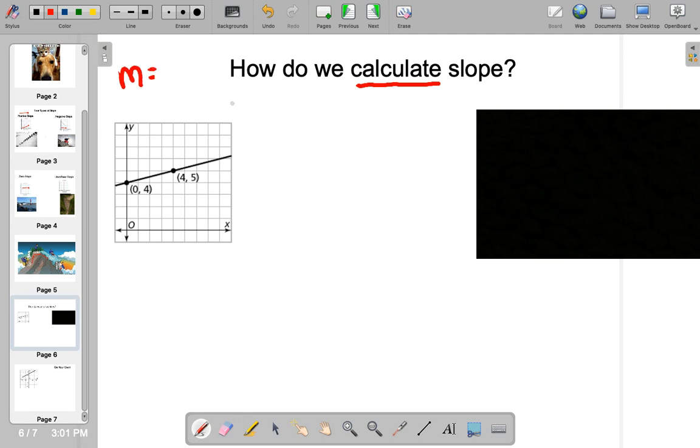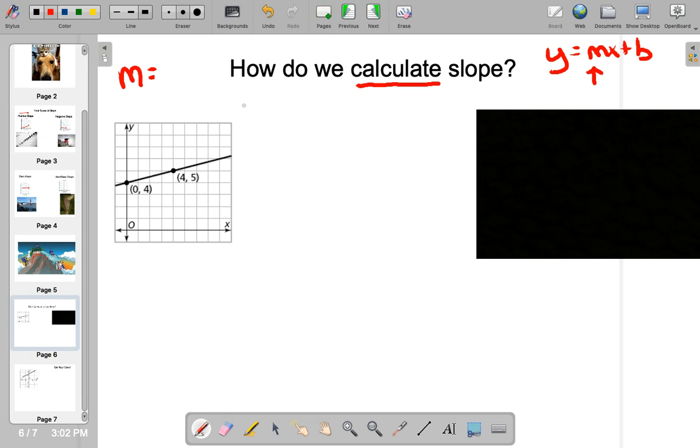Question might be why? Why did we pick the letter m? And I honestly don't know the answer to that one, but I'm sure if you asked your math teacher, they'd be able to figure that one out for you. But slope is usually the letter m, used most often in the equation y equals mx plus b, where m is the slope, and that's probably going to be one of our future topics.